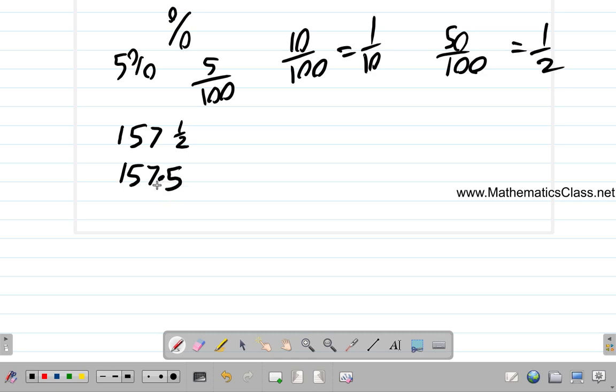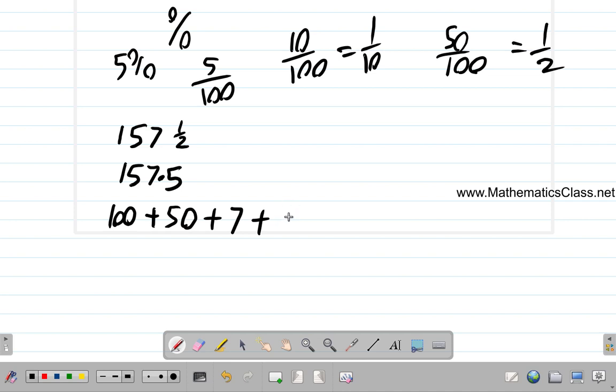The point is what you call a decimal point. So what this means is 100 plus 50 plus 7 plus, and then half, right, which is 0.5.